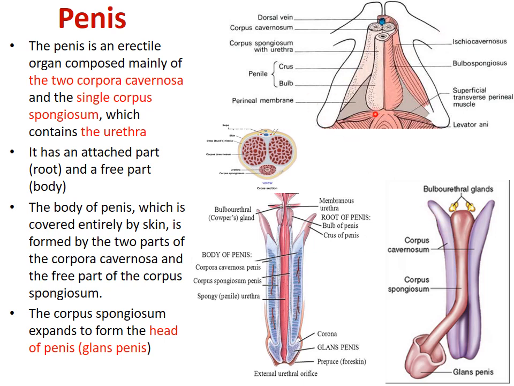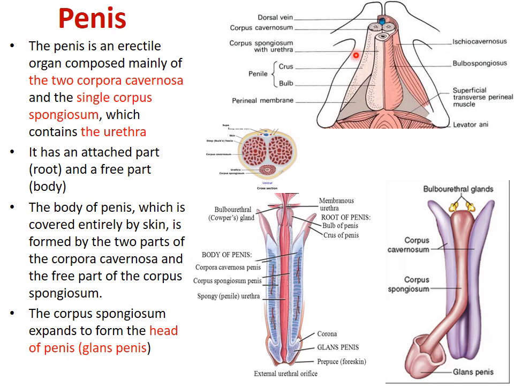In this very wonderful picture showing the three corpora, the inferior view of the penis, this is the corpus spongiosum. In the center we have the penile urethra. Above the corpus spongiosum, these two are the corpora cavernosa, and you can see there is a central artery.